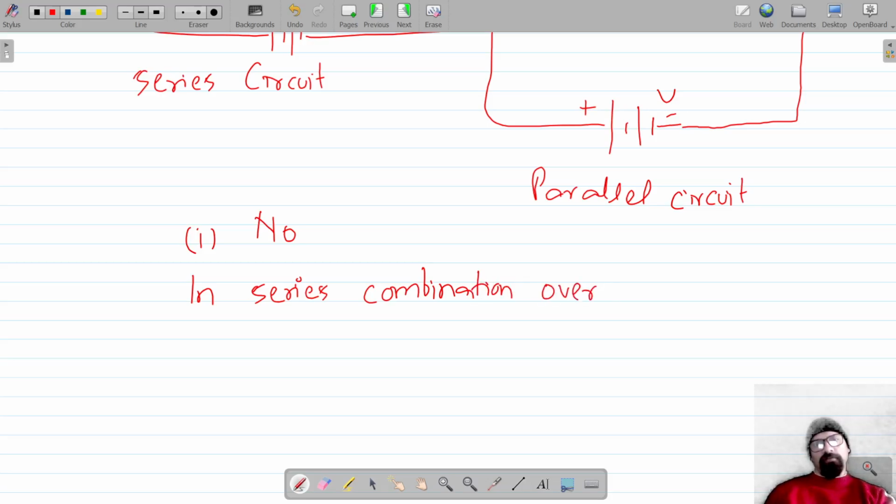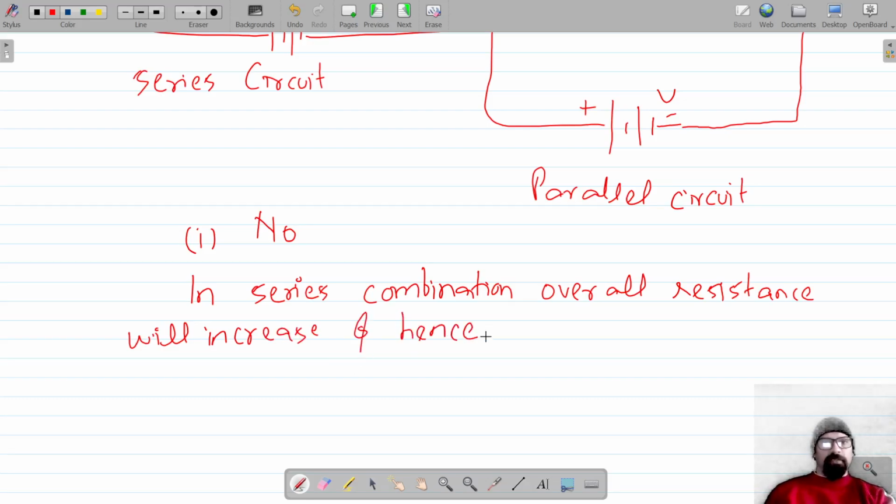overall resistance will increase, and hence it will decrease the current.